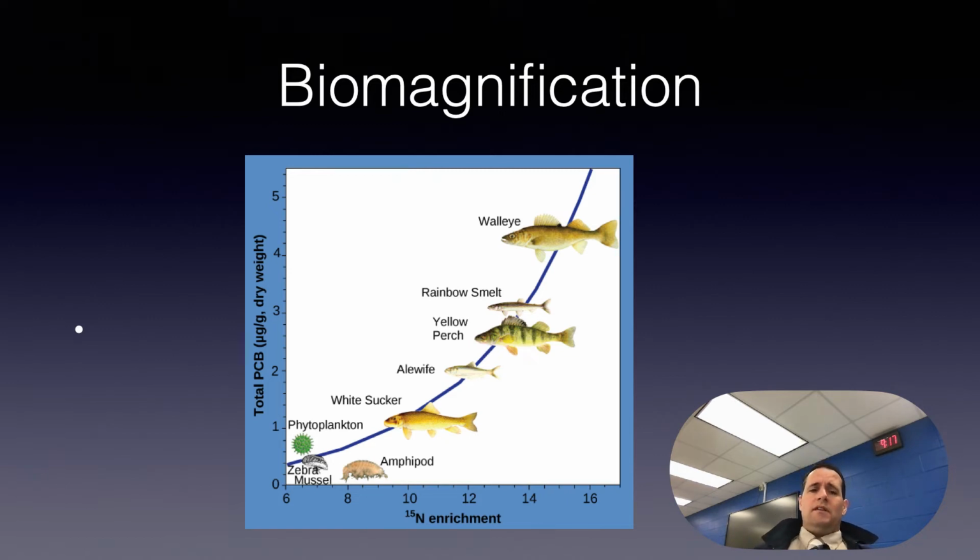One of the most important environmental consequences of ecosystem dynamics is biomagnification. Biomagnification is the increasing concentration of persistent toxic substances in organisms at each trophic level, from the primary producers to the apex consumers.